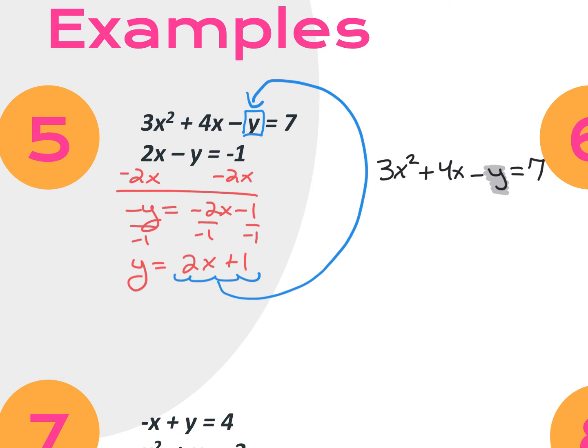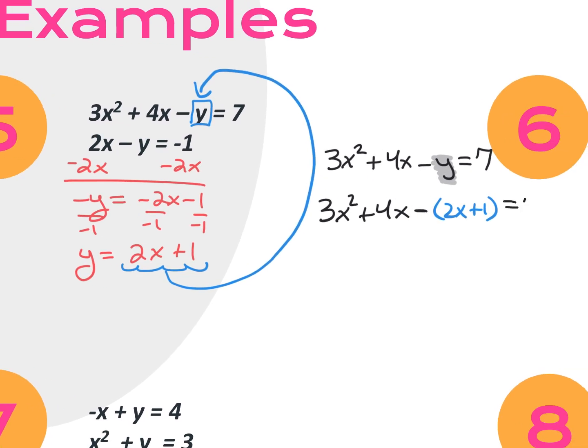So I'm going to leave the 3x squared, the 4x, and the subtraction sign. I'm taking out only the y, and I'm going to put this in parentheses because, again, we need to remember to distribute the subtraction sign. So once I distribute it, I end up getting this: negative 2x minus 1 equals 7.